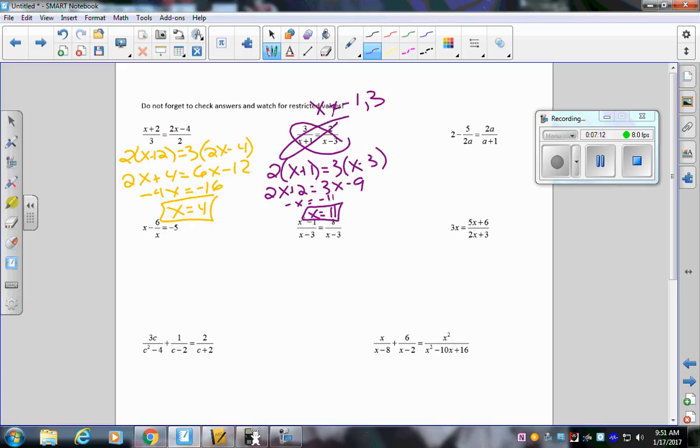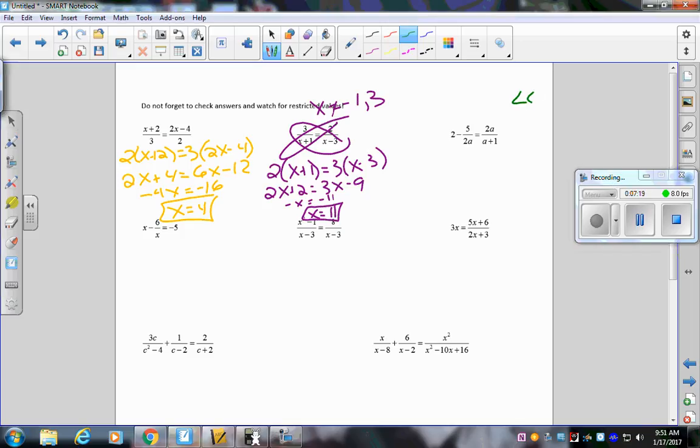All right, the next one. Don't have to factor any denominator, but I do need to write down my LCD. When we were cross multiplying, you didn't have to worry about that. But I've got a 2, an A, and an A plus 1. Remember, that 2 and A aren't attached because it's 2 times A. If you wrote them together in your LCD list, that's fine. I just want to make sure that we know that that's not like one component. All right, so this guy still has to be multiplied.